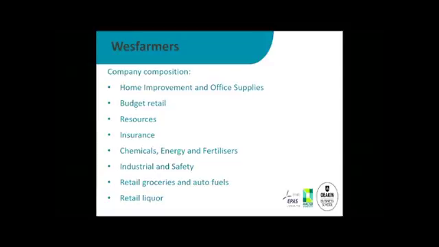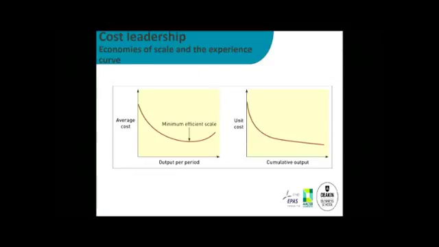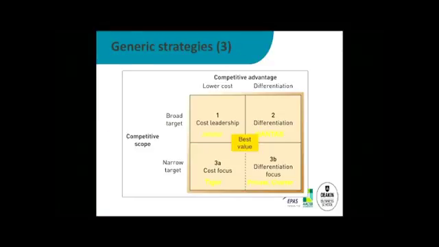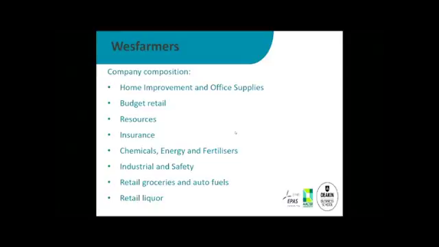So Wesfarmers competes in a range of different business strategy levels. We've got budget retail. What do you think that is in terms of this diagram? Cost leadership. It could be broad, could be narrow. Industrial and safety.